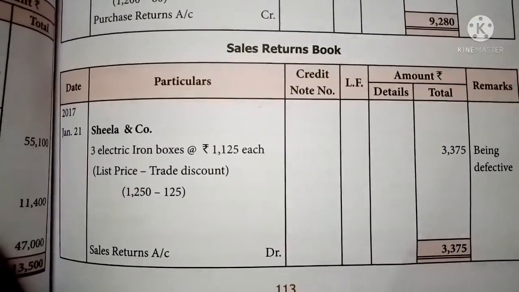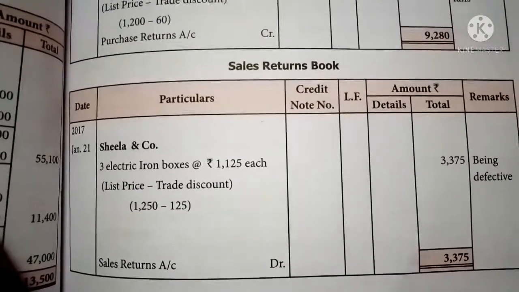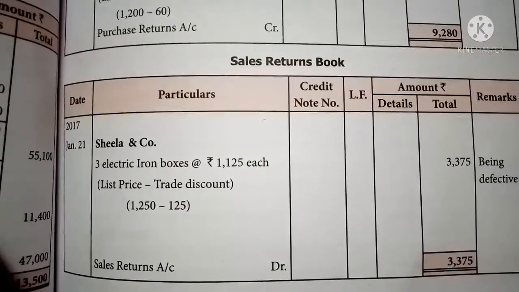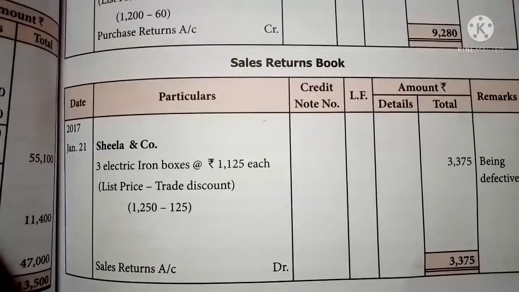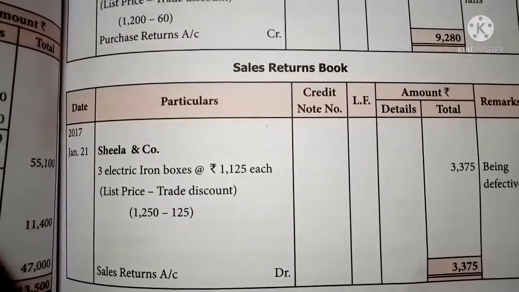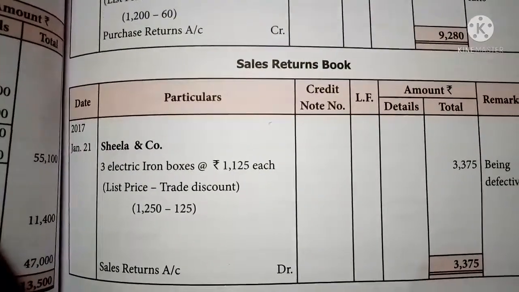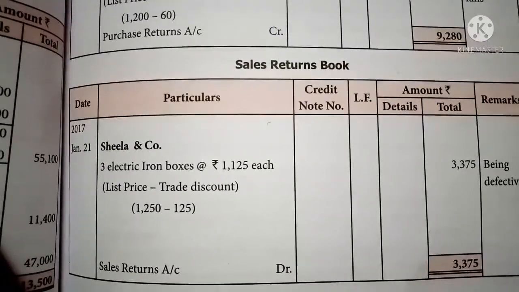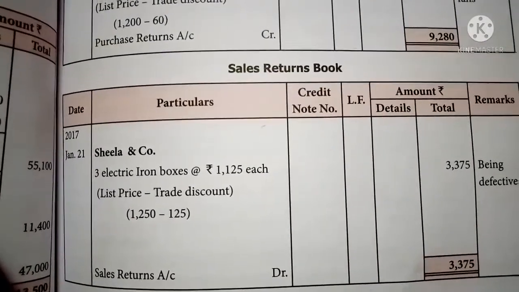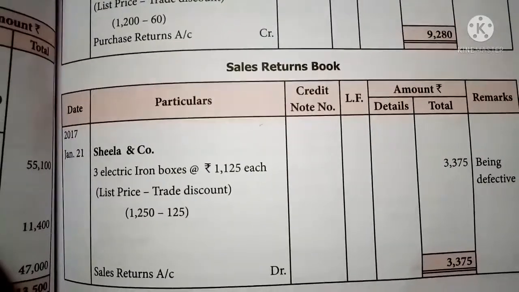Only one transaction is there, that is date 21, Sheila & Co. We are returning, that is customer return, 3 electric iron boxes. The rate of one iron box is 1,250. In the given transaction, 10% trade discount is given. So for 1,250, 10% discount is 125.